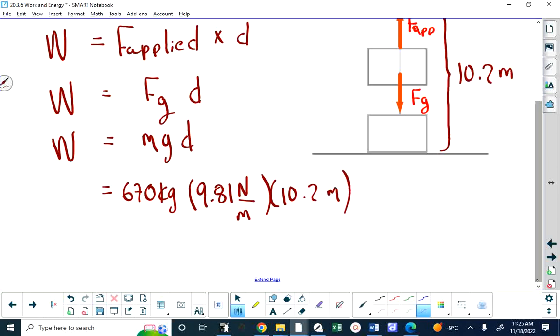Sometimes I like in this course to talk about the units. This is newtons per kilogram. When you multiply mass times g, since the gravitational field of the Earth is newtons per kilogram, those kilograms cancel, and that's why you get a force of gravity in newtons. But we also know that newtons times meters gives you joules, so we're getting joules here.